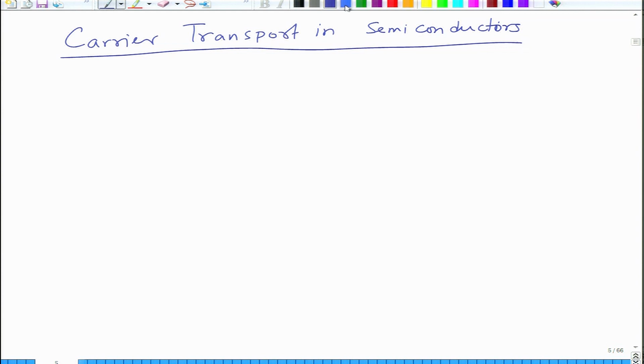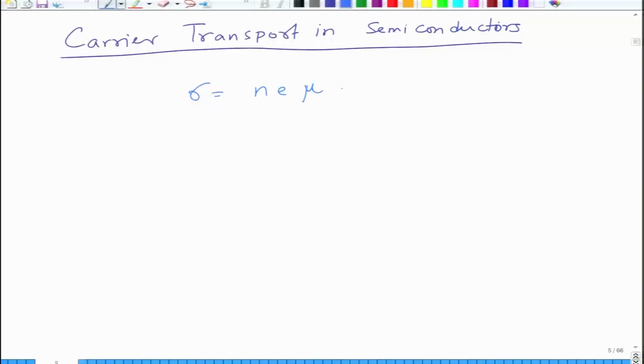Just like we write for metals, sigma is equal to N e mu, where N is the electron concentration, e is the electronic charge, and mu is the mobility. Now this is for metals, where we only consider one carrier as the moving species, which is the electron. In the case of a semiconductor, we add another term here.